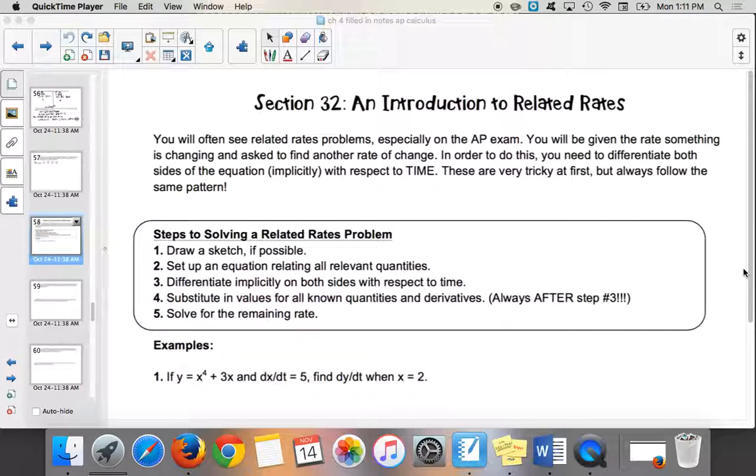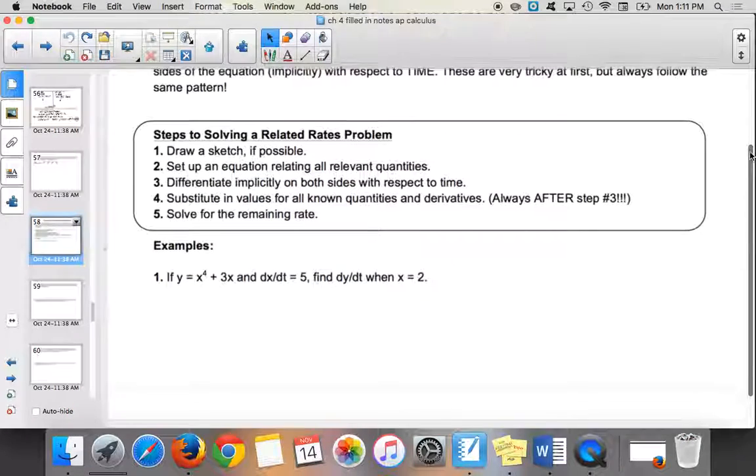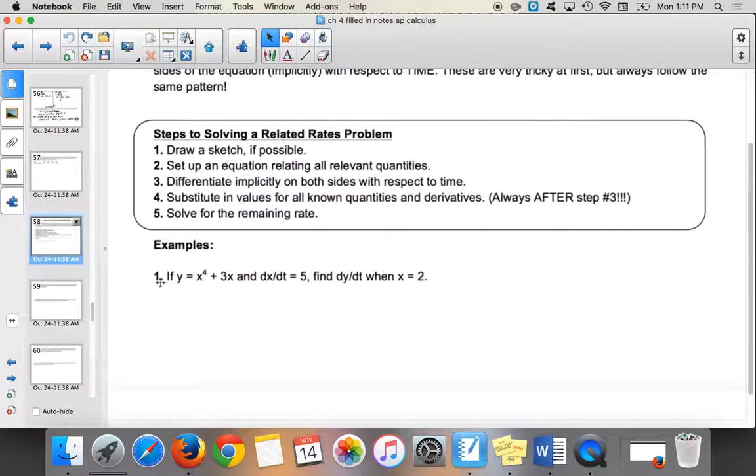In order to do these, we're going to differentiate both sides of the equation implicitly with respect to a new variable, time. So look at the first equation. Notice how I have x and y. I'm not going to take the derivative and just say that it's 4x cubed plus 3. Can't do that. I'm going to take the derivative with respect to time, with respect to t.